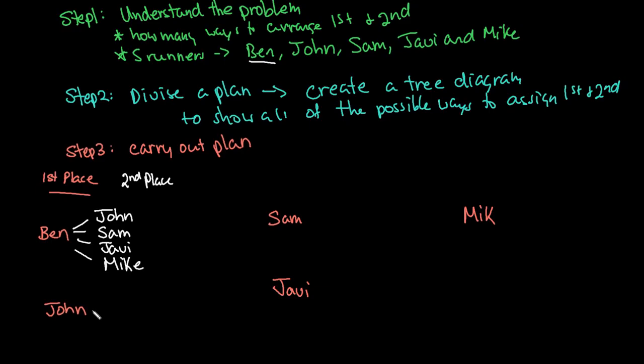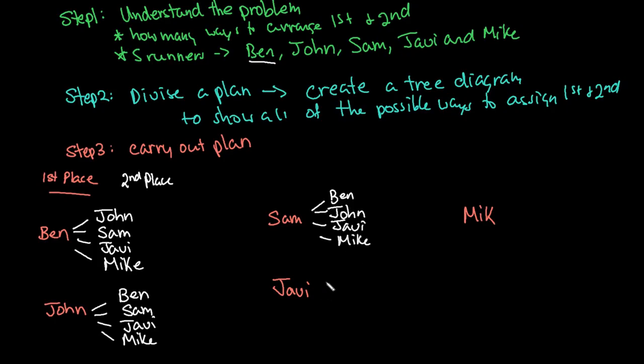So if John comes in first place, we could have Ben come in second place. We could have Sam in second place, Javi, or we could have Mike. If Sam came in first place, it is possible that Ben could come in second place, John could come in second place, Javi, or Mike.